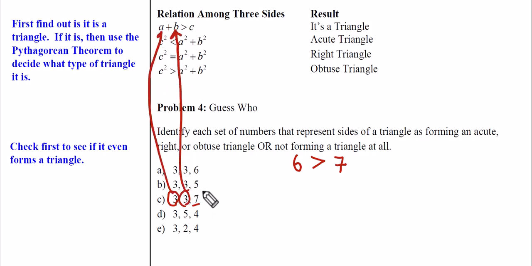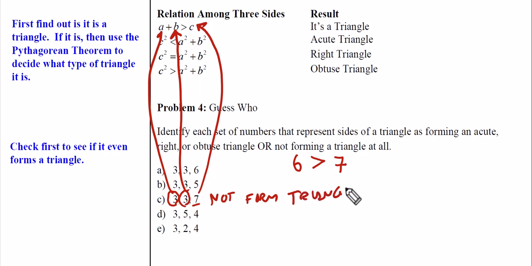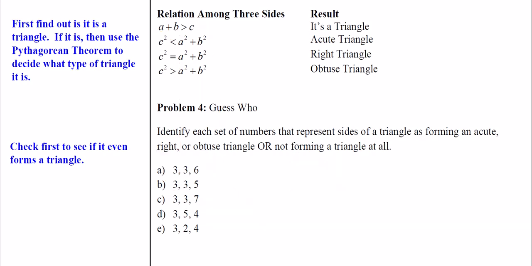So I add them up and I get 6. Is that bigger than C? The answer is no. So C does not form a triangle. And if it can't form a triangle, then there's no need to find out if it's acute or obtuse, because it didn't form a triangle.